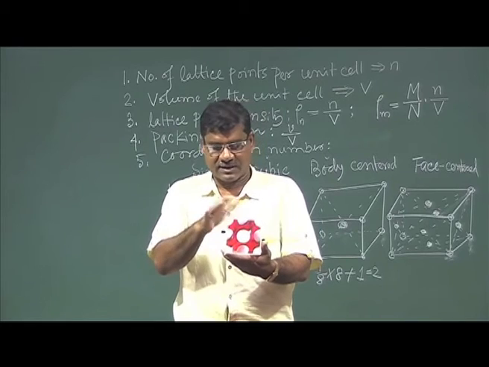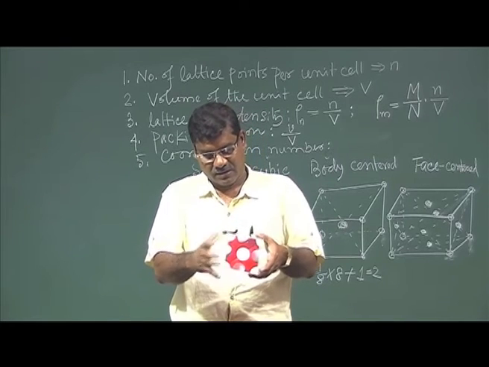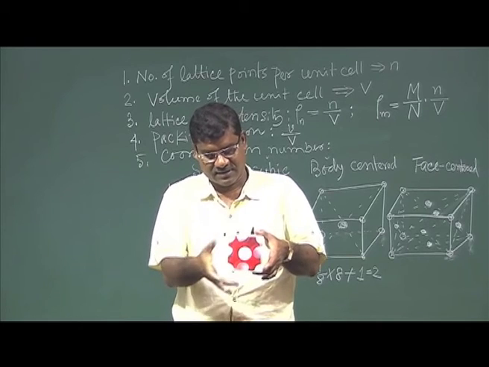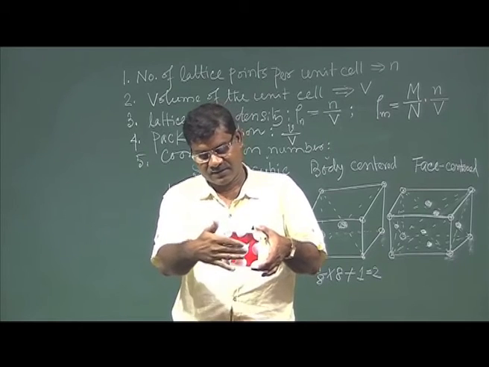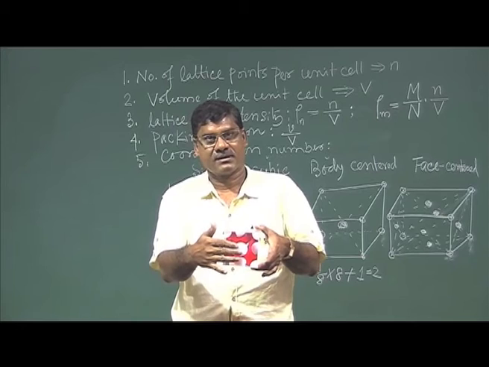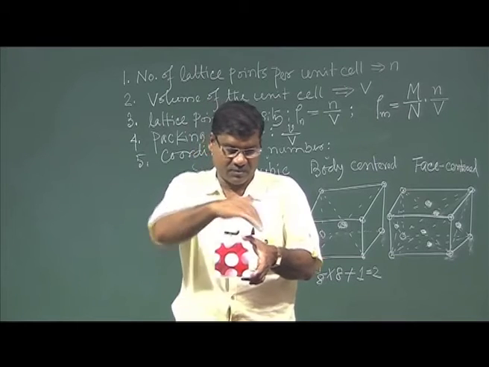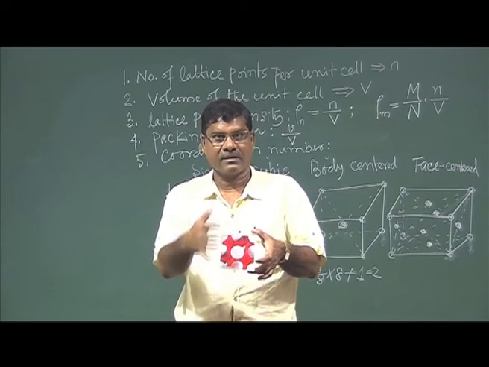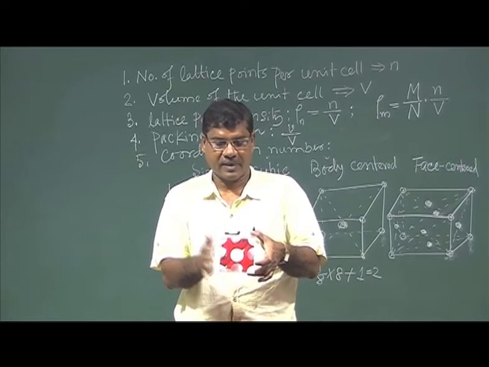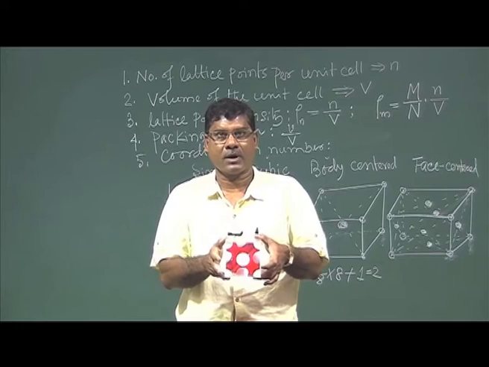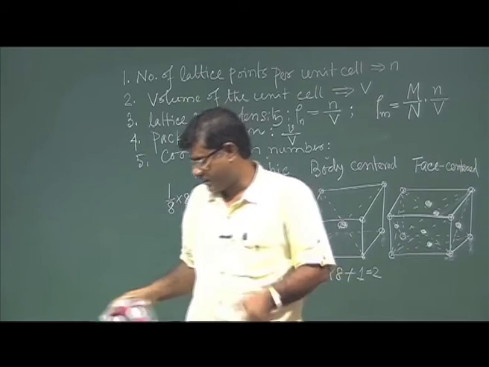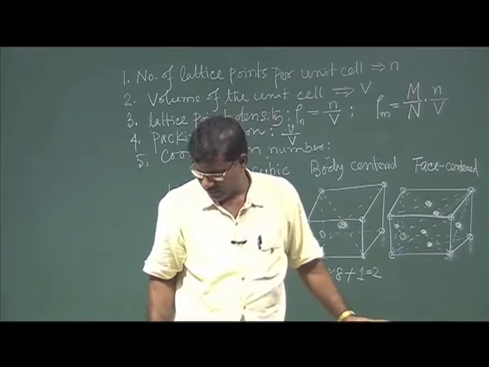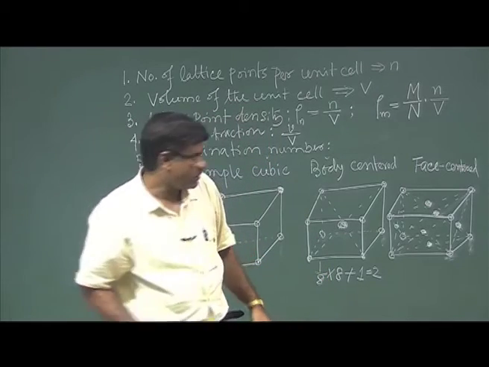So, I have 6 faces. These 2 opposite faces give one, the other 2 opposite faces give one more, and one more. So, total 3, plus from corner 1. So, total we will get 4 lattice points per unit cell.